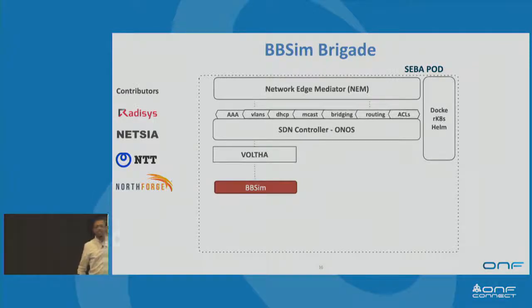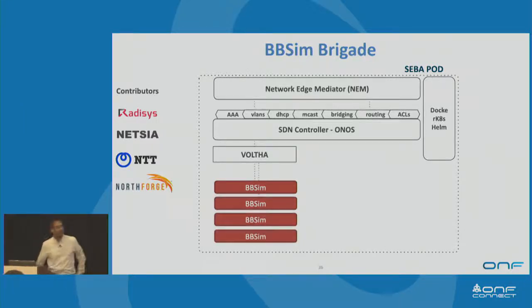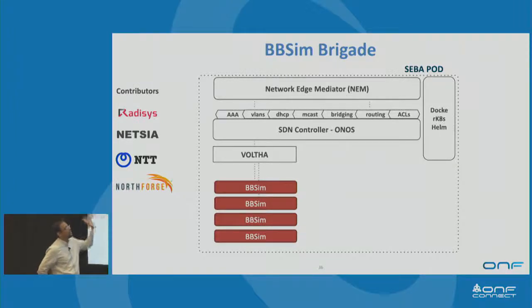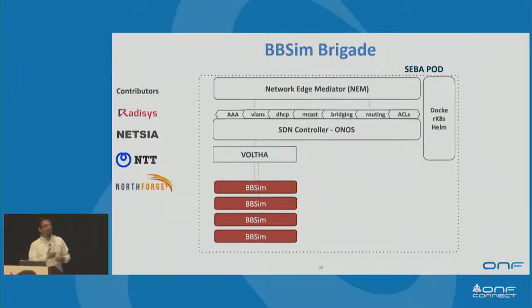Any one BBSim instance should be able to scale to 1,000 subscribers. And so if you have multiple such BBSim instances hitting this software stack, we should be able to get a very good idea about where the bottlenecks are in our software stack, and then be able to systematically get rid of those bottlenecks, and thereby make this SEBA pod solution more scalable.